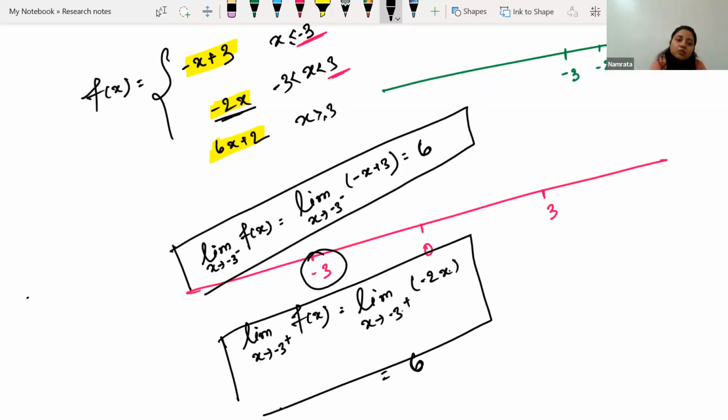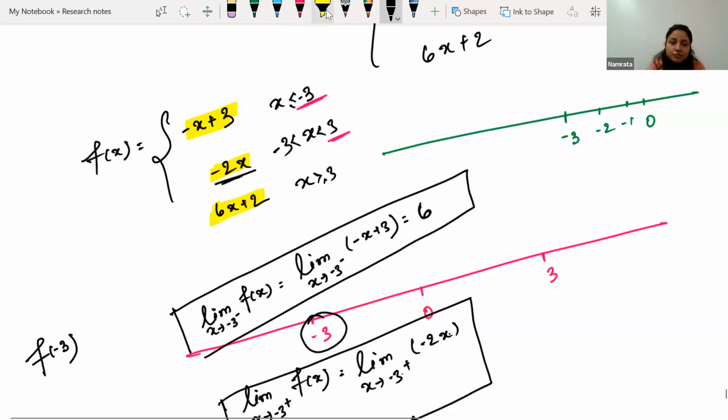Now what about the value of the function at -3? When we have to check the value of the function at -3, we must take the first function. There the equality sign is there, so we must use minus x plus 3. If we substitute -3 over here, it will be 6.